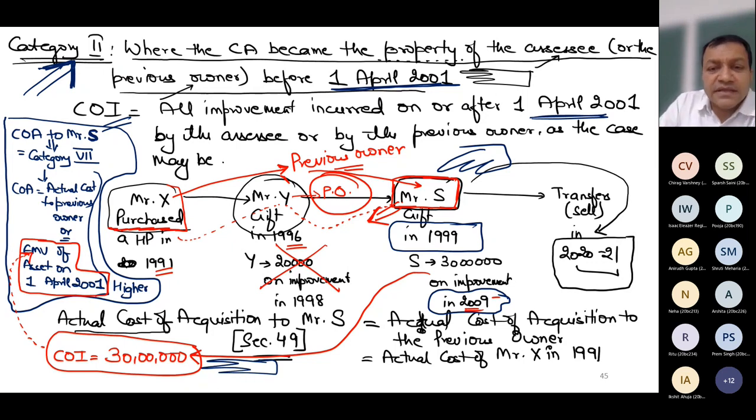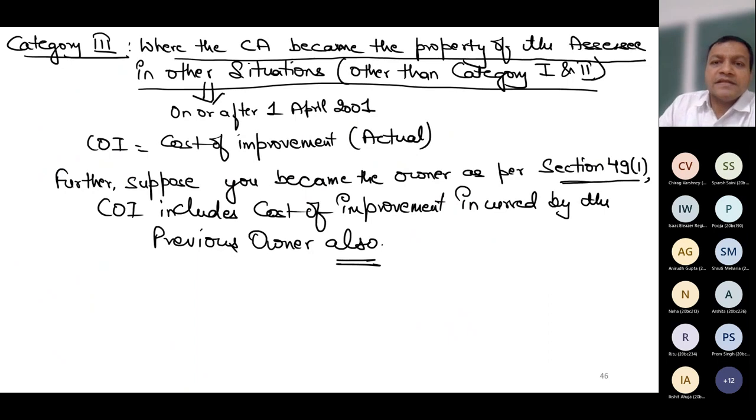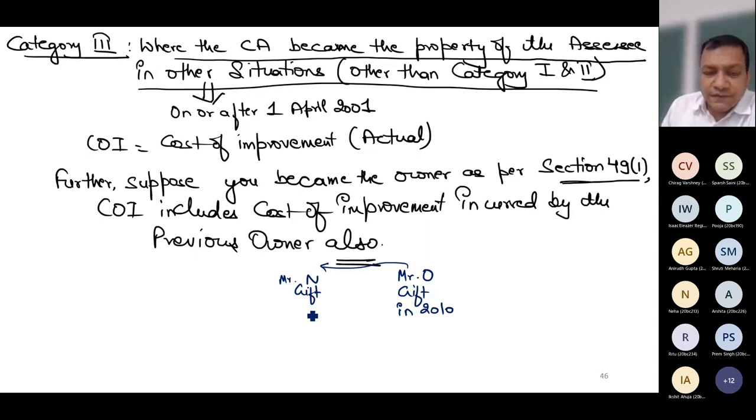And what is my category number 3? When the assessee became the owner in another situation. What is another situation? Let us assume Mr. O got a property as gift in 2010. His previous owner, Mr. N, also got the property as gift in 2002, and he incurred an improvement of 10 lakh in 2003.